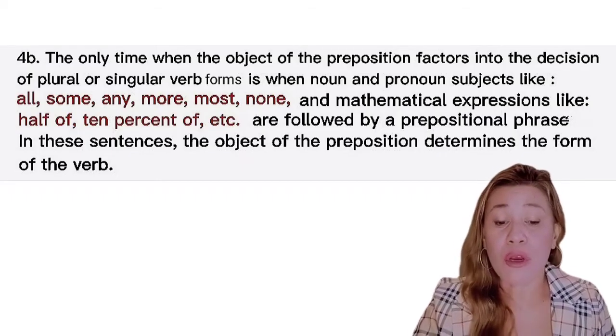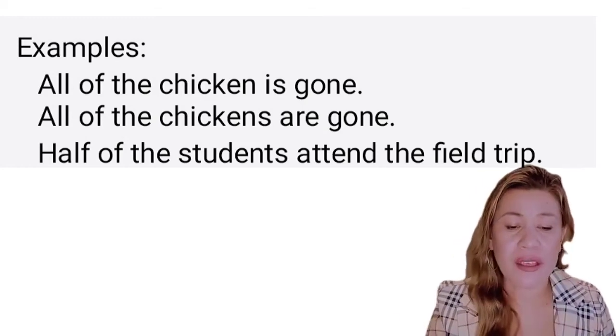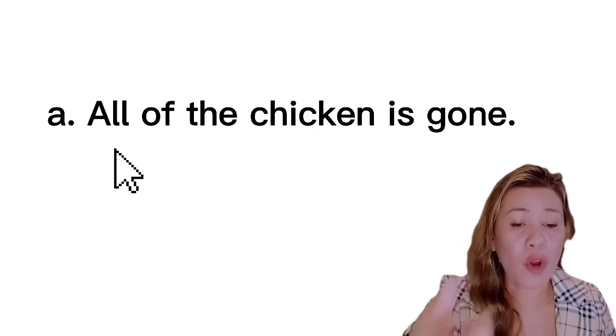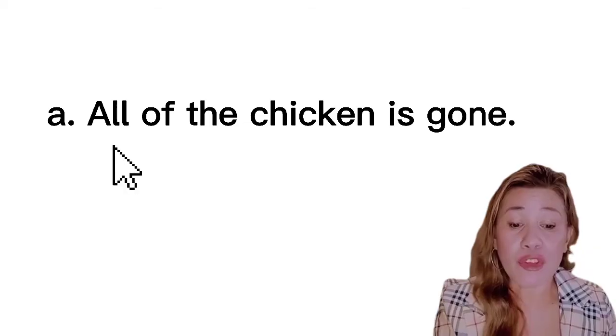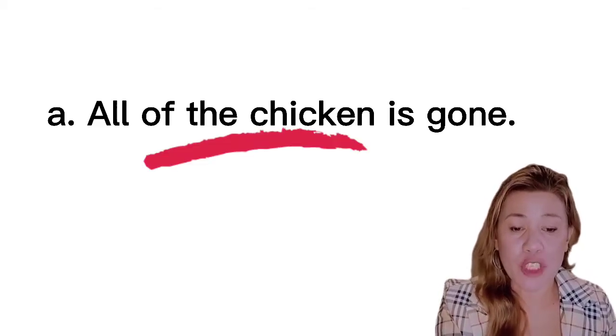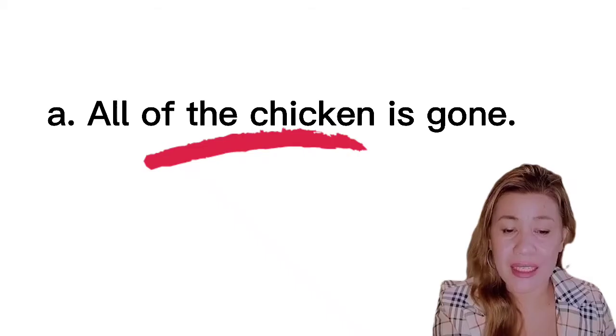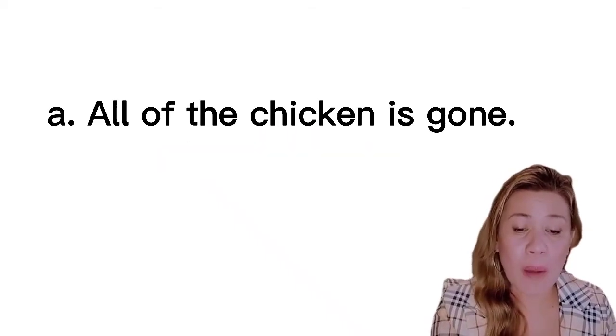So, if you have, for example, in example number 1, all of the chicken is gone. You have all. Remember, all can be singular or plural. We learned that earlier. Now, we will determine the object of the preposition in this sentence. So, of the chicken is our prepositional phrase in this sentence. Our object of the preposition, or the noun which accompanies our preposition, is chicken.